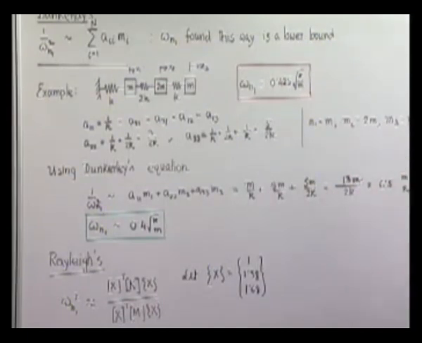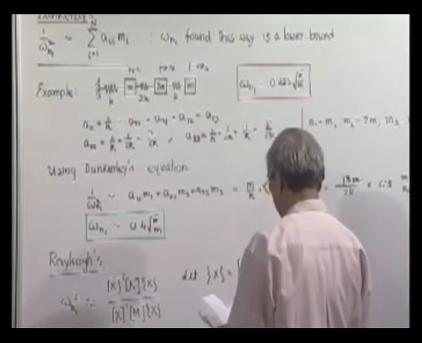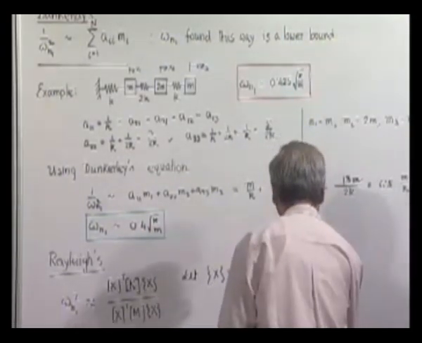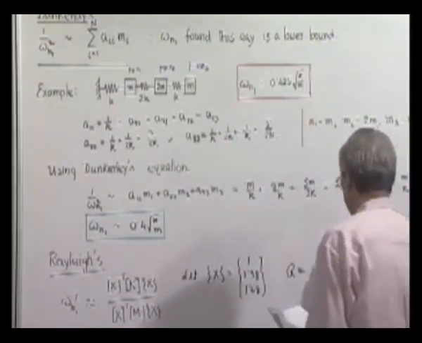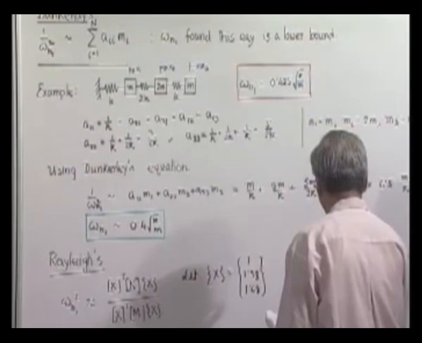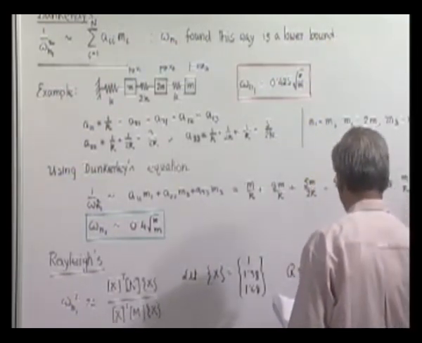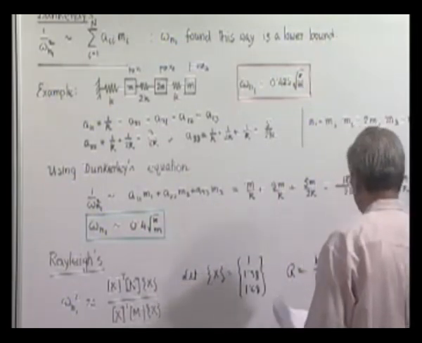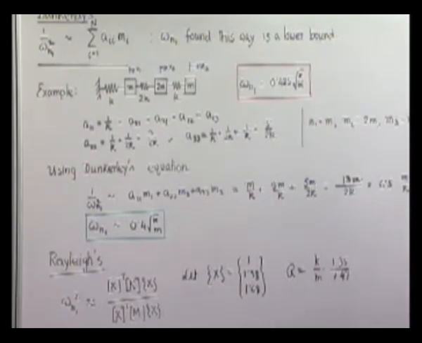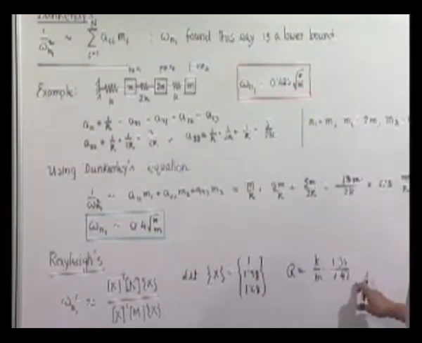This is just due to gravitational deformation. So using this, I will not calculate the whole thing. R is going to be k by m into 1.35 on top and 7.47 as the denominator, after you take the k and m terms out.